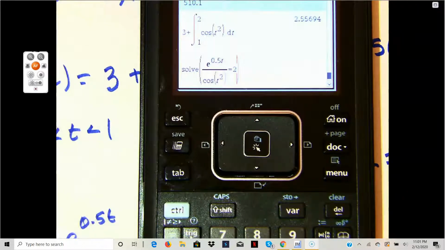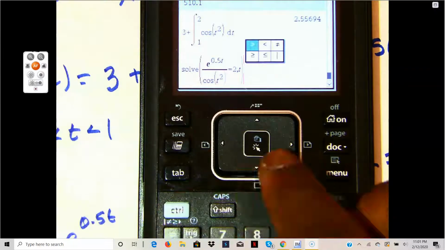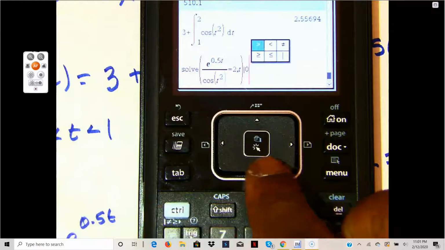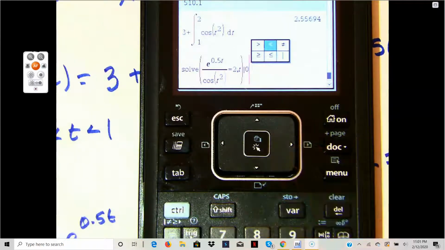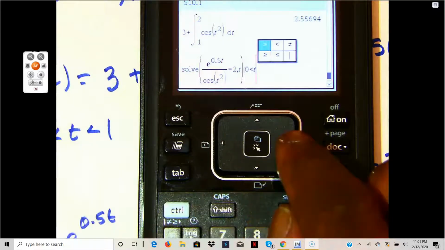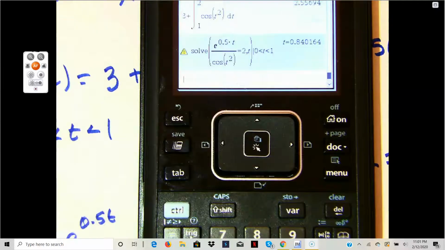Then we're going to go comma t, so with respect to t. Okay, now we're going to go outside of the parentheses, and we're going to evaluate this. We want an answer of t between 0 and 1. So control equal, our vertical line, 0, control equal, less than t, and less than 1. Enter.